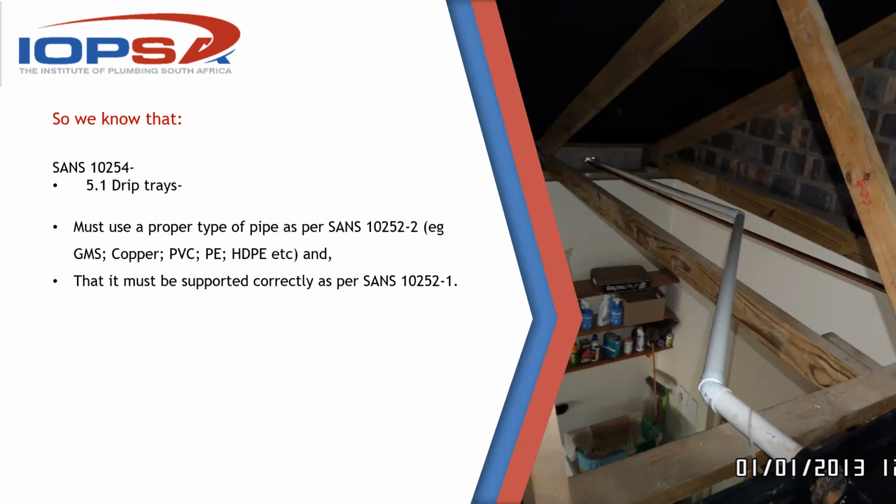It has different behavioral characteristics, and it sags under its own weight over time. So the support requirements for HDPE are a little bit stricter than something like PVC. You can see that picture on the right hand side.